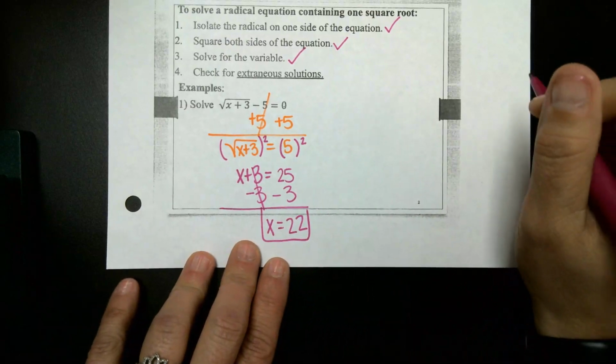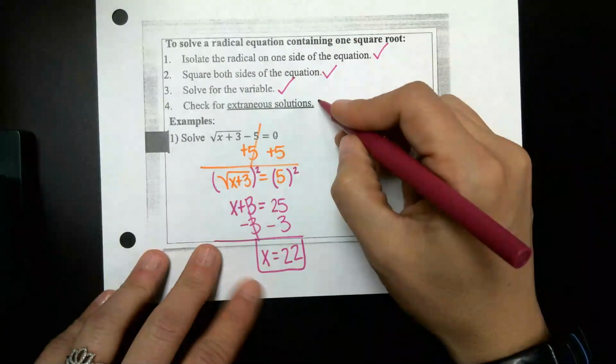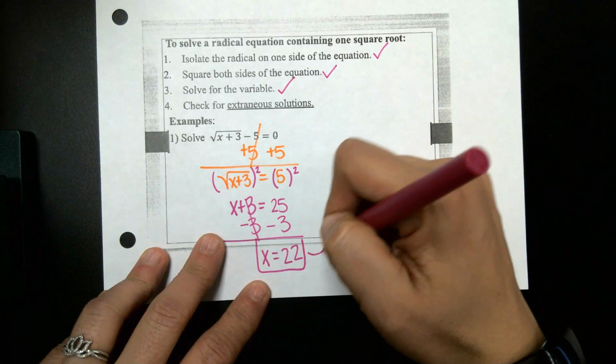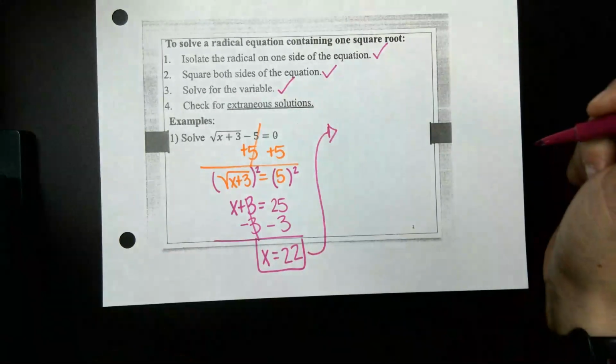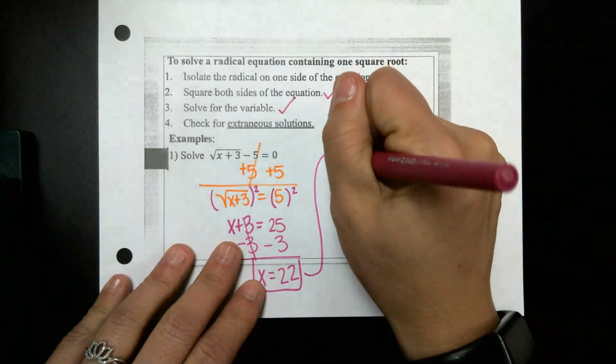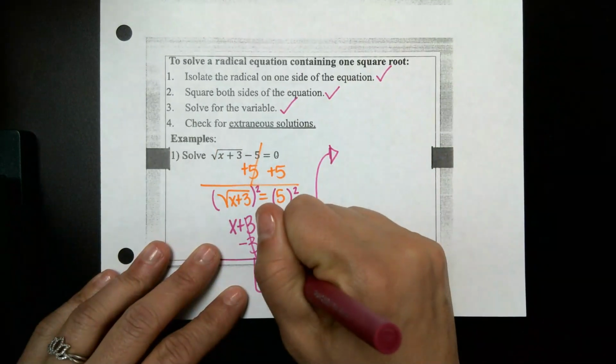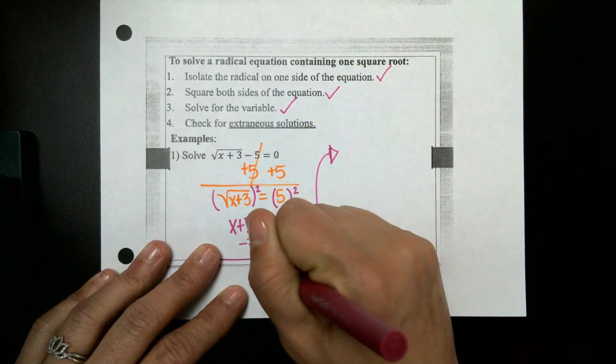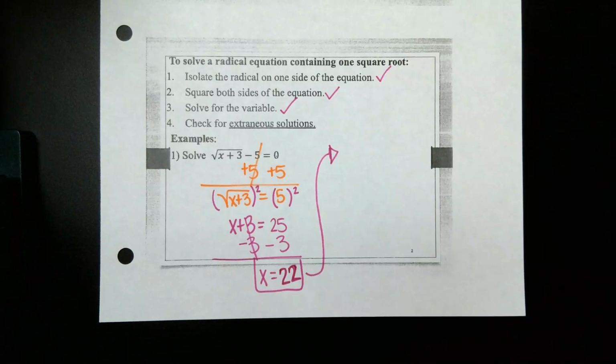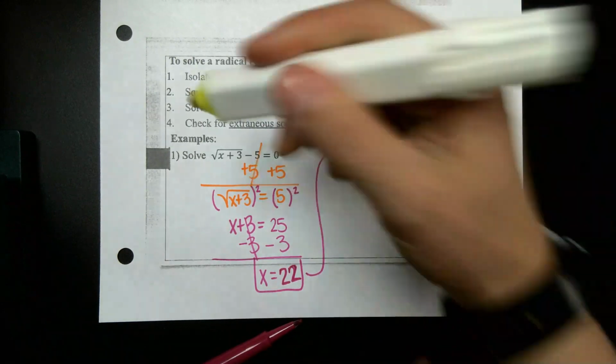Now it does say check for extraneous solutions. Watch. When you check for extraneous solutions, this was a question on your last test. In order to check them, we have to plug our answer into the original equation. My original equation was this.